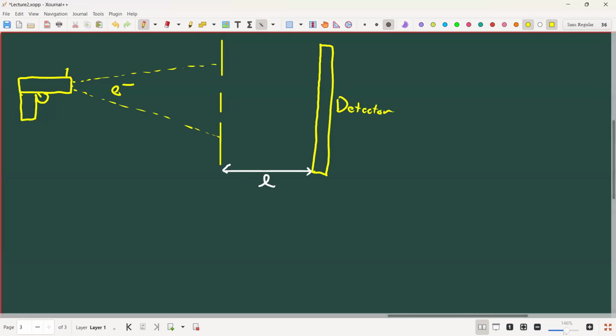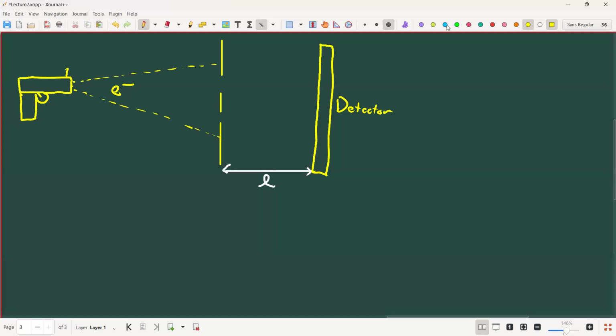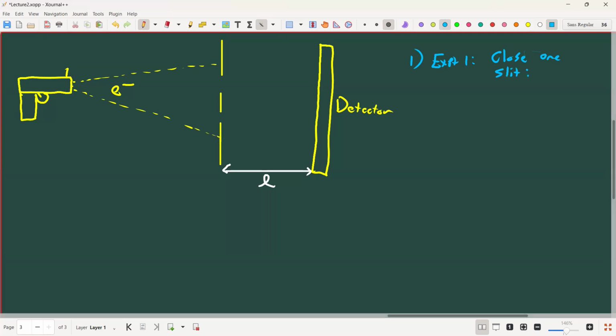So let's do a really, really simple experiment. The first experiment I'm going to do is I'm going to close one slit. So I'm going to put a wall there at 1, right?